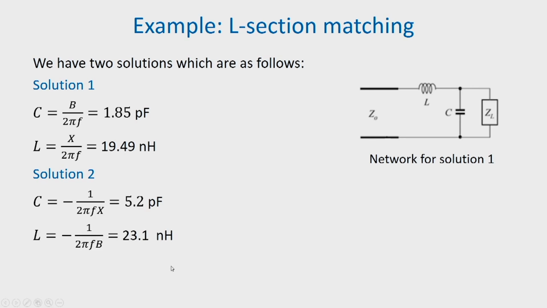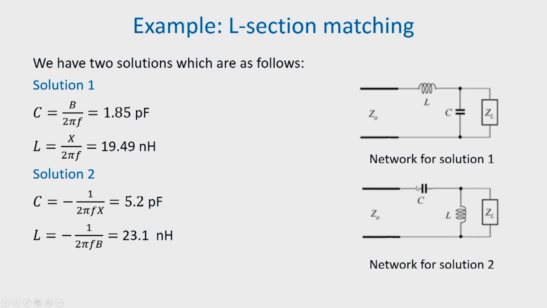Similarly, L is equal to 1 by 2 pi f B. If we substitute the second value of B, we get 23.1 nanohenry, and this is the second network.